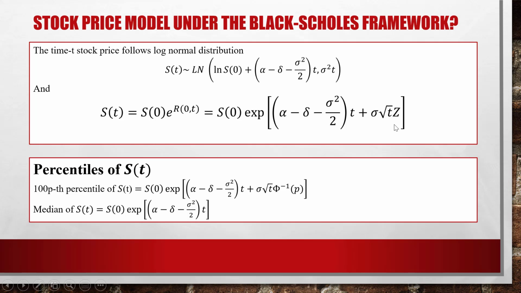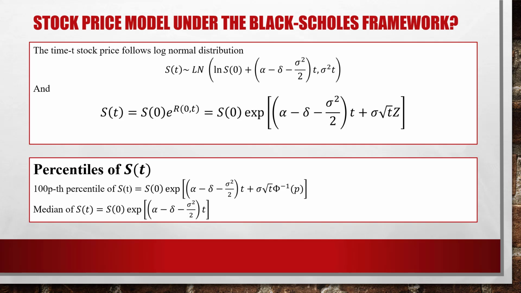And of course, using this relation, we will be able to find the percentiles and also the probability of S of t using Z. So let's say if we consider the percentiles of the stock price, the 100p percentile of the stock price can be calculated by using the 100p percentile of the standard normal distribution.